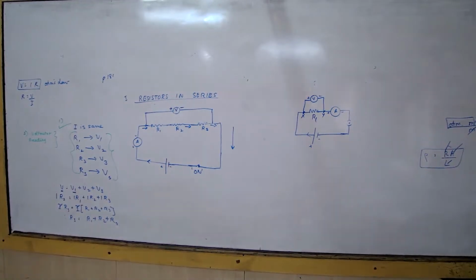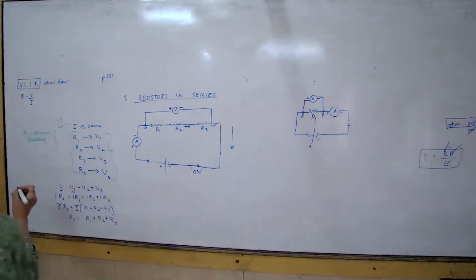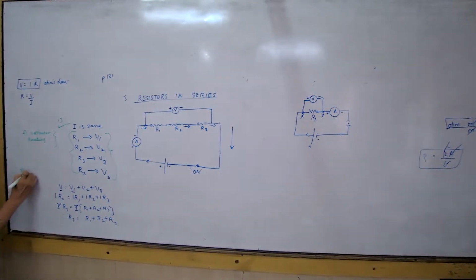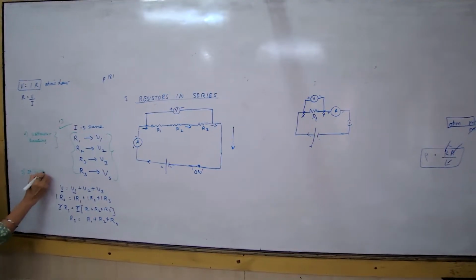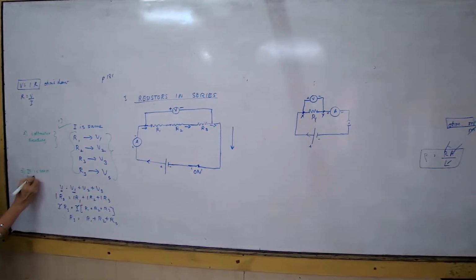Third point you will write: it is seen that V equals V1 plus V2 plus V3.